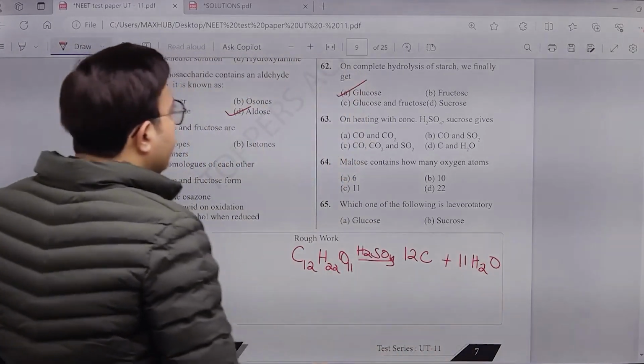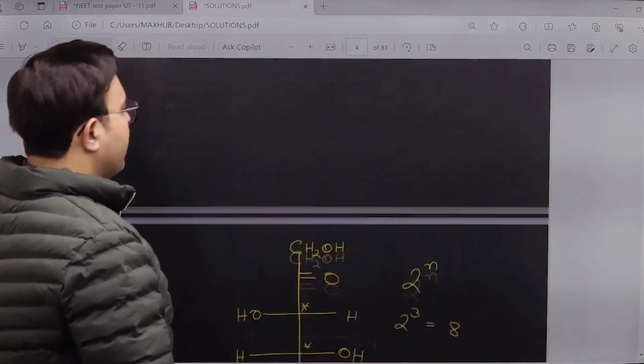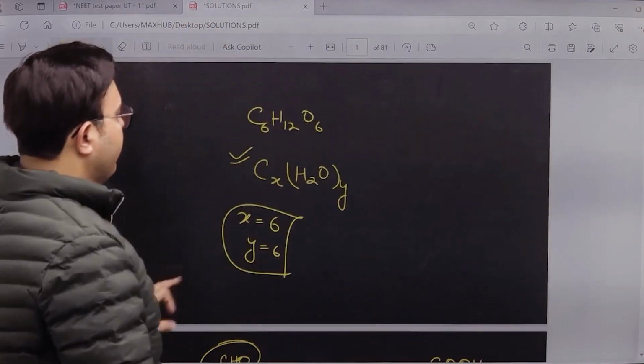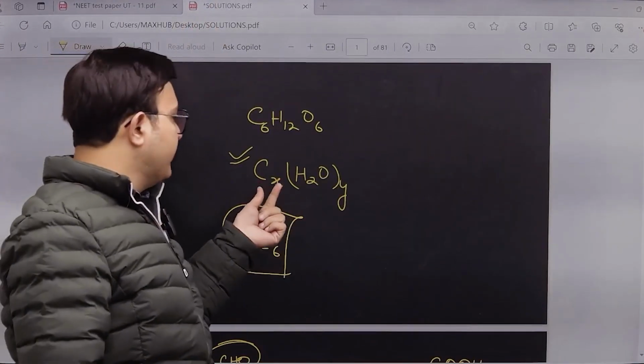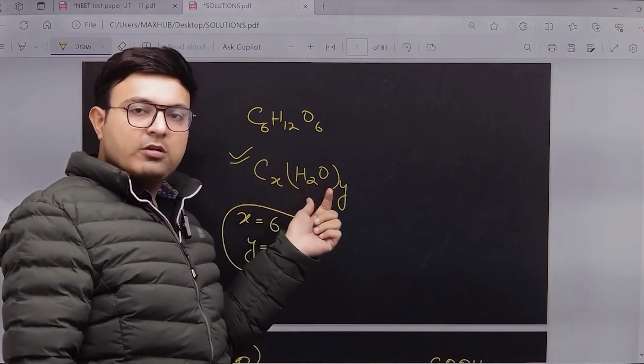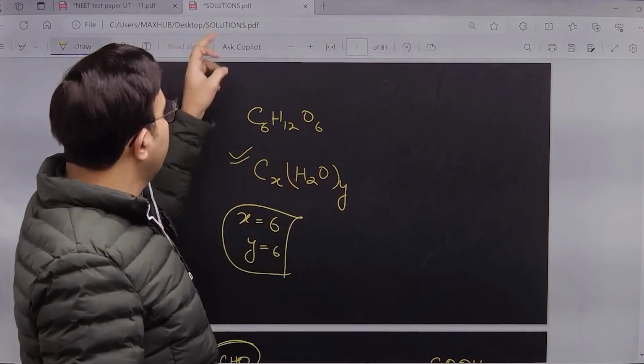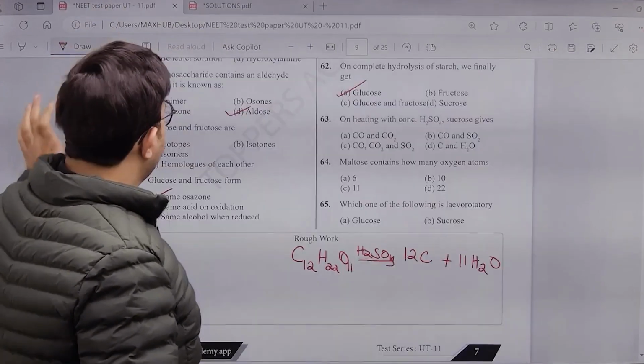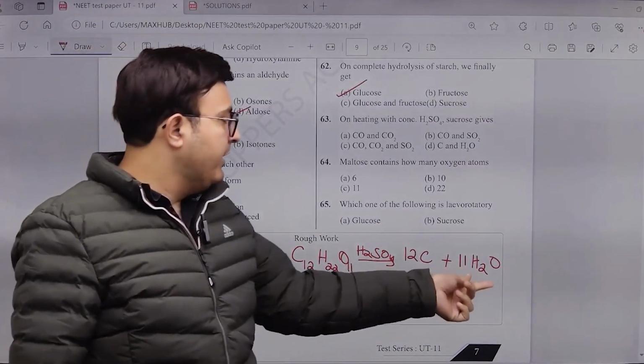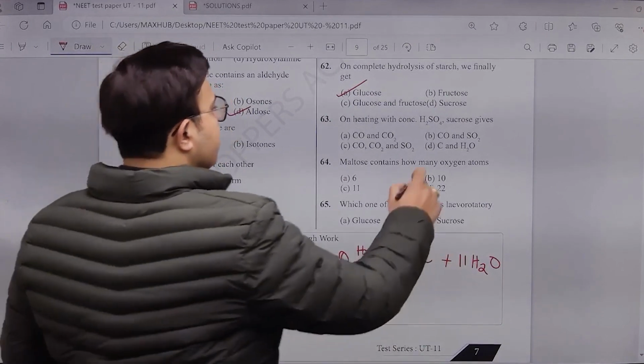You see the general formula of carbohydrates that we have written in the first question. It is formed from carbon and water. So when you heat it in the presence of acid, water and carbon will disintegrate, and you will get carbon and water. So the correct answer is B.